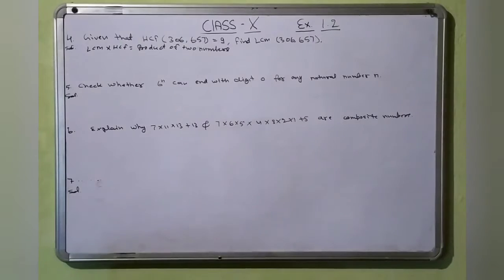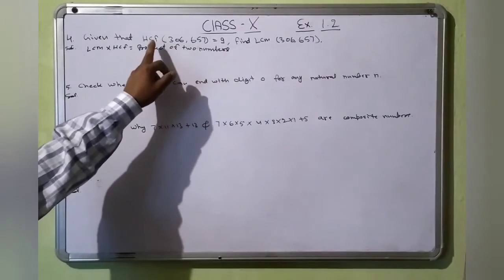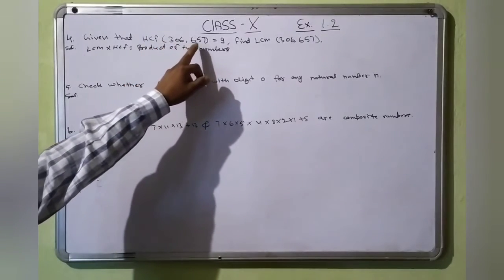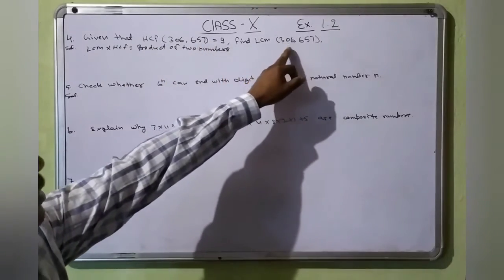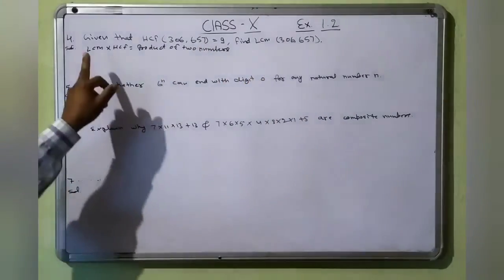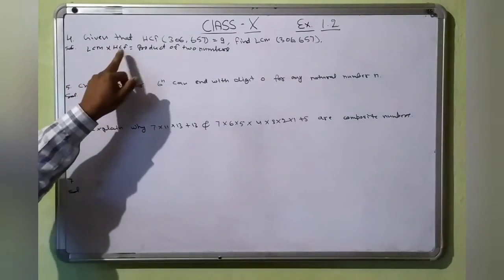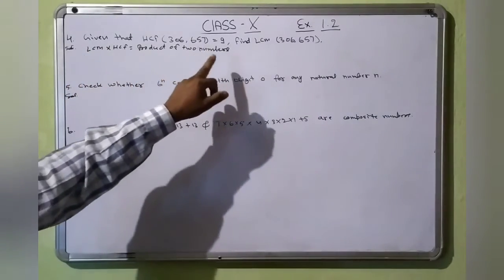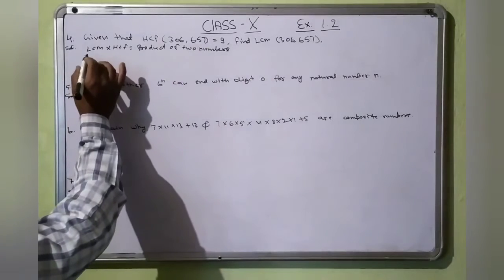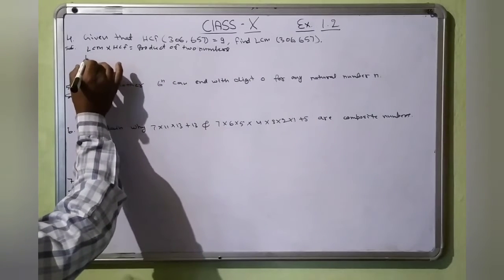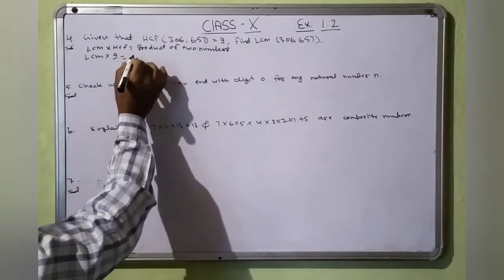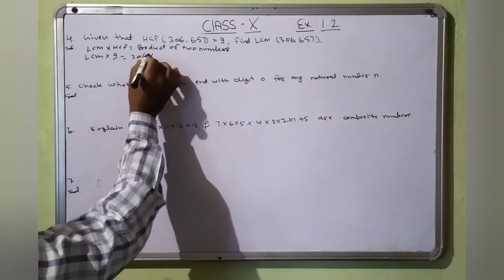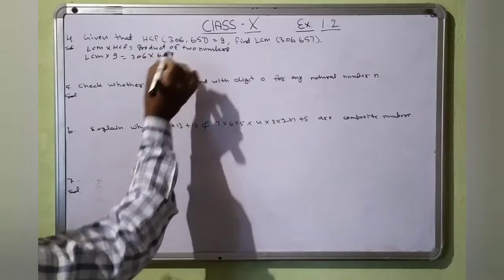Question number 4: given that HCF of 306 and 657 is equal to 9, find the LCM of 306 and 657. We know that LCM multiplied by HCF is equal to the product of two numbers. HCF is given, LCM we are finding, and the numbers are 306 and 657.